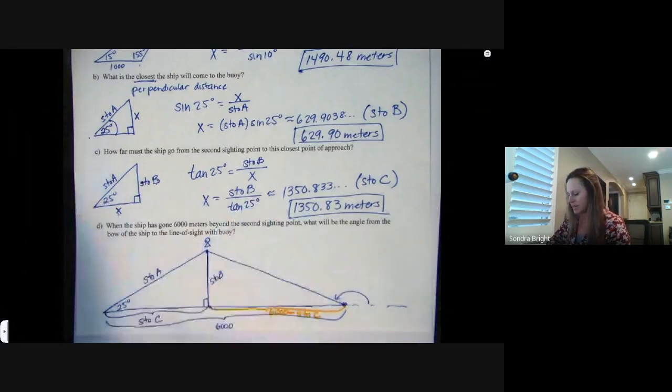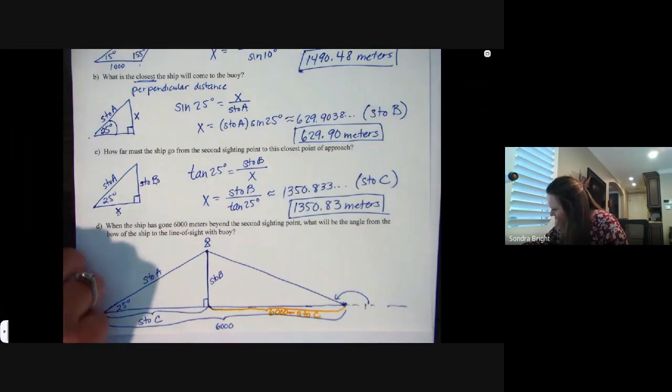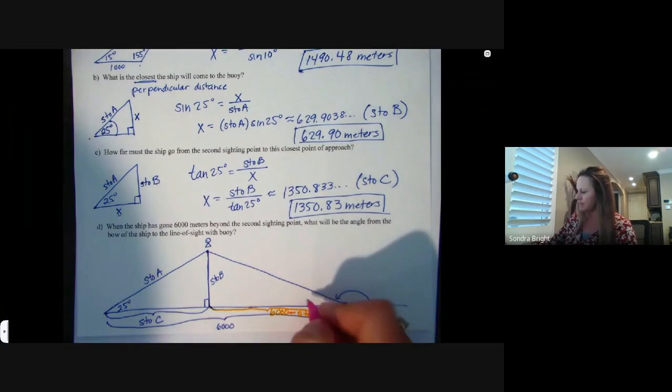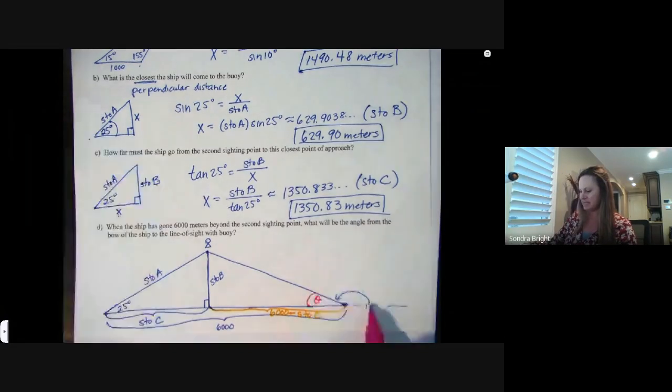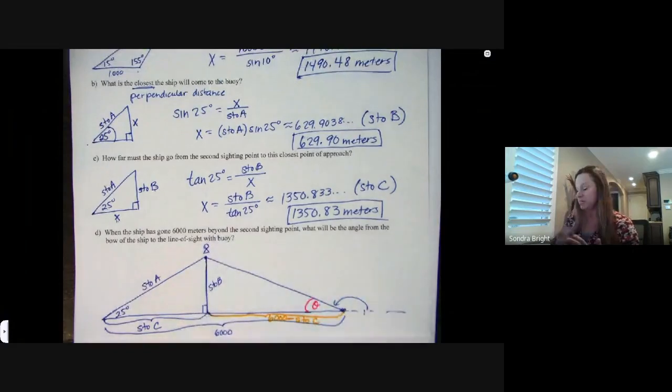What's going to help me? If I can find theta, the angle on the inside of this triangle, then the angle from the bow is 180 minus theta. I know this side, which is adjacent to theta, and this side, which is opposite theta, so we're going to use tangent.